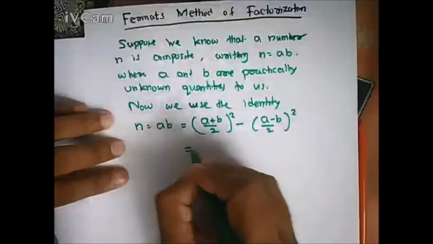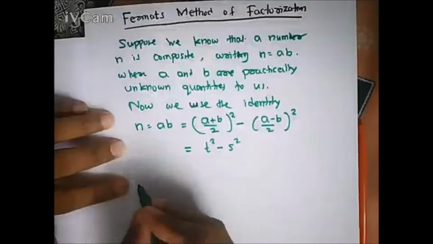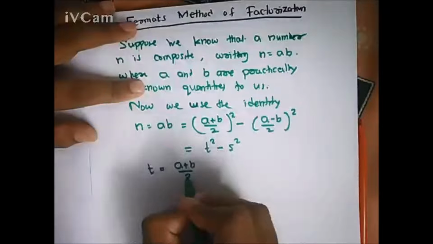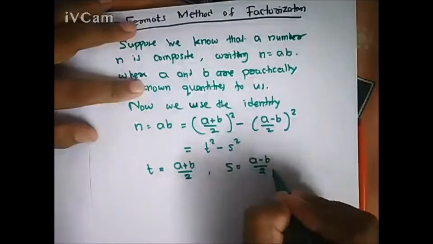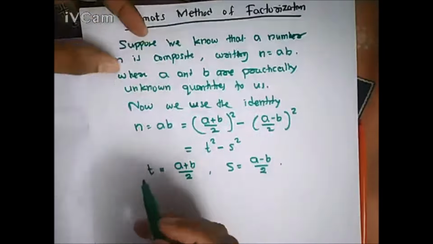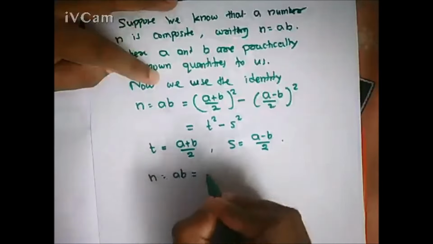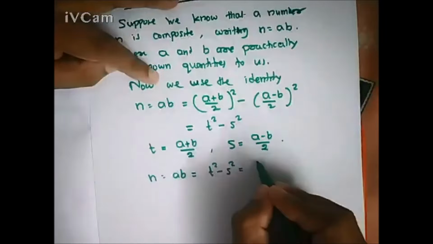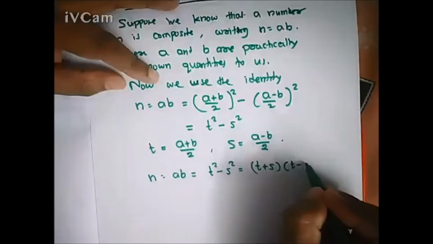That equals t square minus s square, where we take t equal to (a plus b) by 2 and s equal to (a minus b) divided by 2. Is it clear? So n equal to ab is equal to t square minus s square, that is equal to (t plus s) into (t minus s).